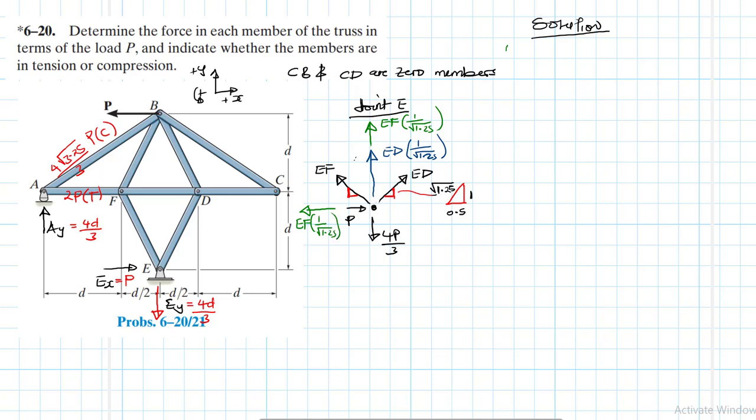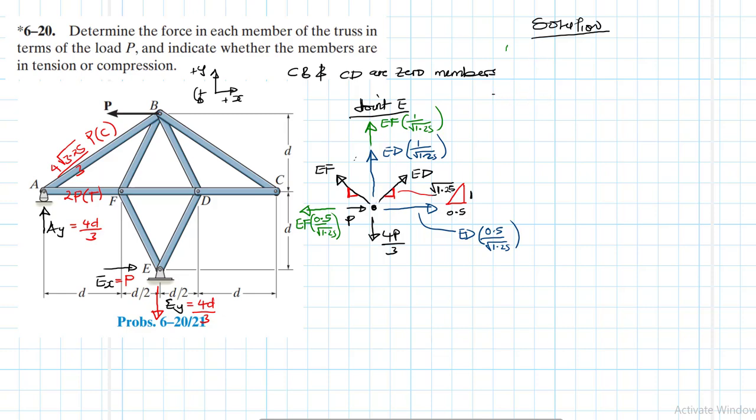And then we'll have another component from ED, which is ED by, okay, this one is not 1, it is 0.5. Sorry, EF, it is 0.5, not 1. Okay, and ED also is going to be 0.5 divided by root of 1.25. Right. So these equations are enough.